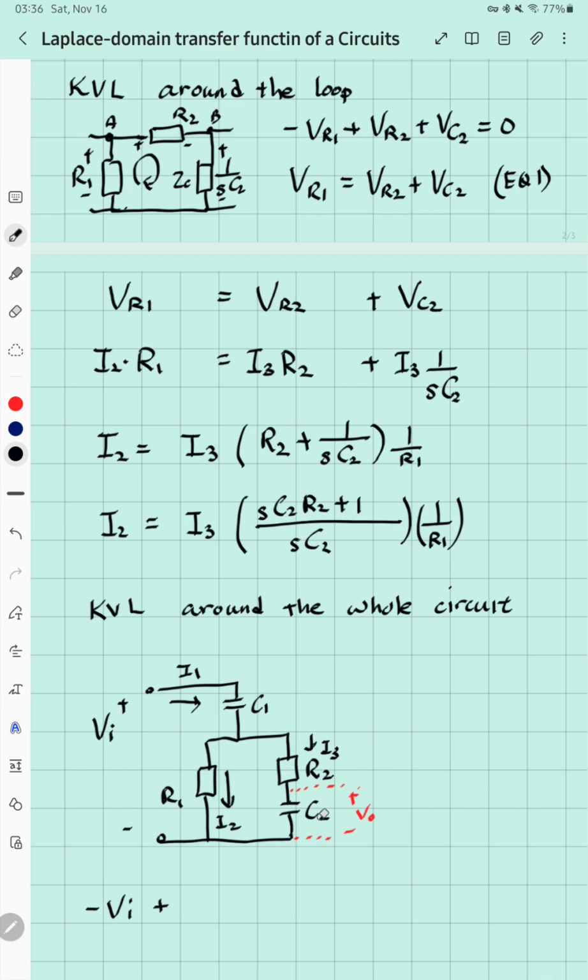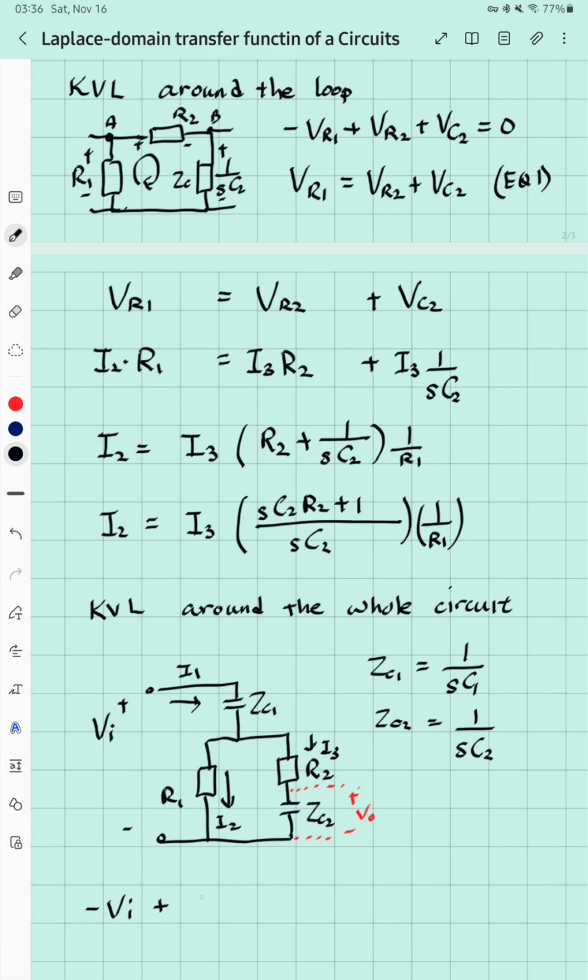Instead of writing C2 here, I'll write ZC1 and ZC2, where ZC1 indicates it's 1 over SC1, and ZC2 is 1 over SC2, for completeness.